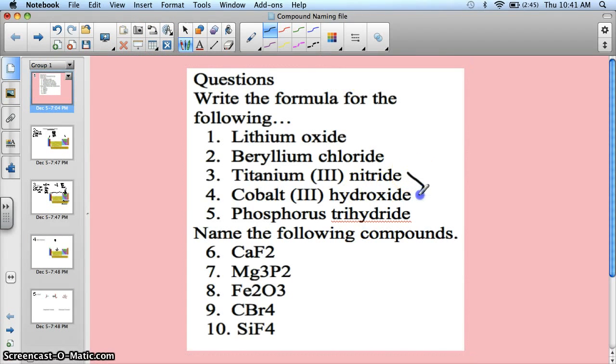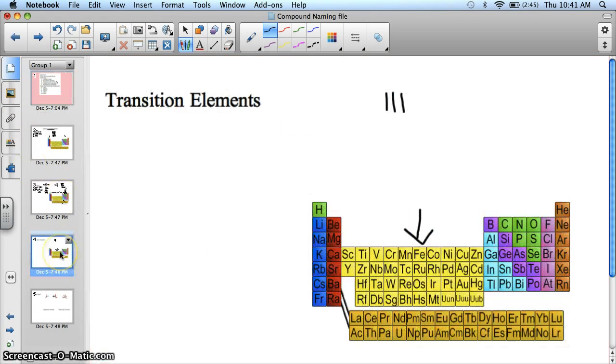So you know these are going to have to do with transition elements. Often followed by a Roman numeral showing the cation's charge. The Roman numeral is going to show the charge, not necessarily the number of atoms, but it shows the charge.